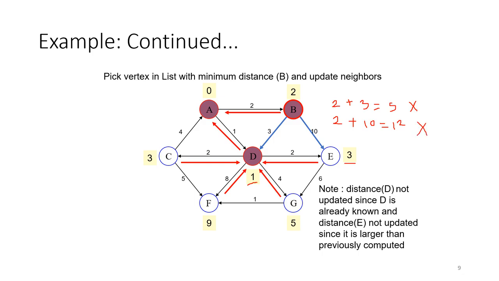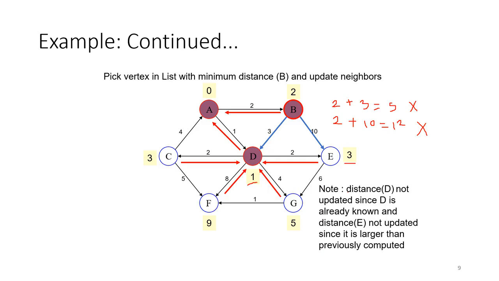So I'm not going to consider this path going from A to B and B to E. Instead, I'm going to just continue taking A to D and D to E. So these 2 paths will be ignored, and then there is no update of the distances which we already had, and we are going to continue with the same distances.